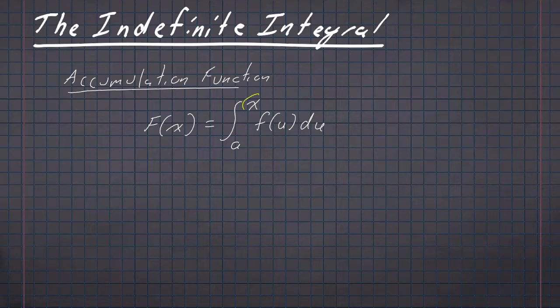Notice here, our variable for the function is in the limits of integration. And we are integrating over, in this case, a u, which we sometimes refer to as a dummy variable. What does u mean?